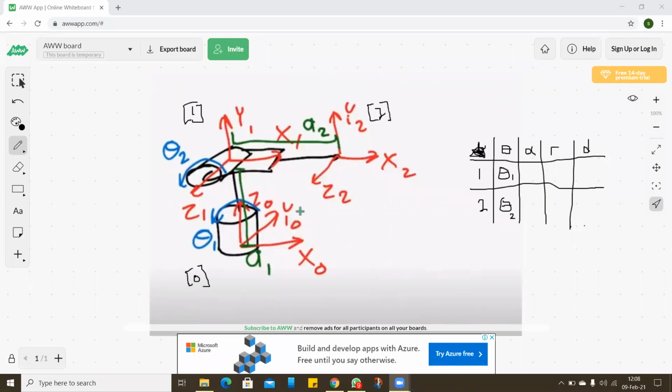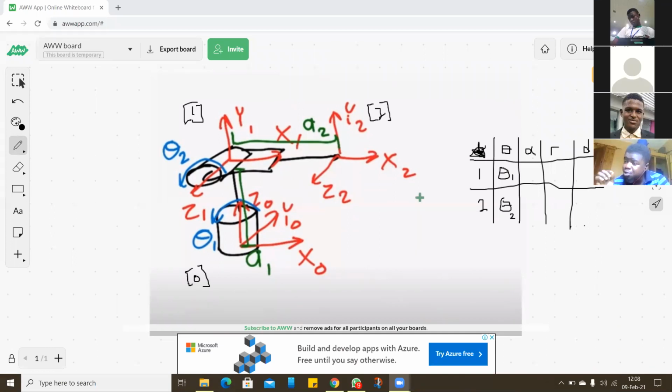So alpha now, what is the rotation? Listen, it's a rotation parameter too. Alpha is link twist.